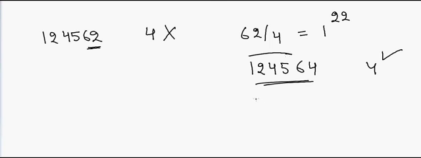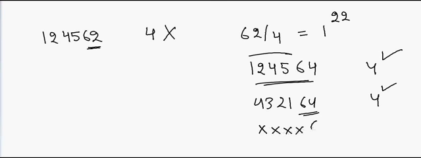I can write 4, 3, 2, 1, 6, 4, and again it is divisible by 4, or I can write anything followed by 64, and this number should also be divisible by 4. So I have to look at the last 2 digits to check if the number is divisible by 4 or not. In this case it is not.